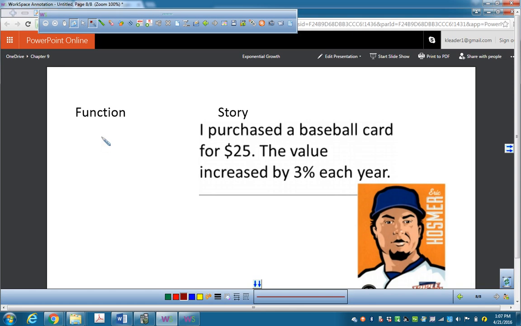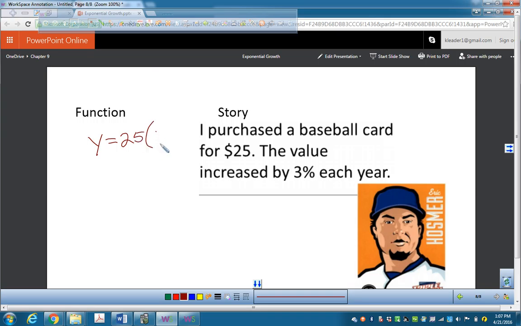Go ahead, Mandy. 25 times 1.3? Not 1.3. How do I take 0.03 raised to the x? Okay. So if it's going up by 3% a year, you add 0.03, so it's 1.03. Yes, Ian. Sure. Okay, I understand. So you get it. All right.